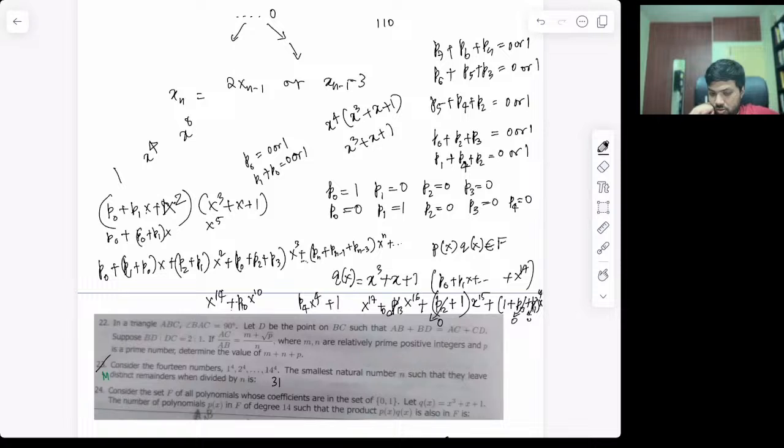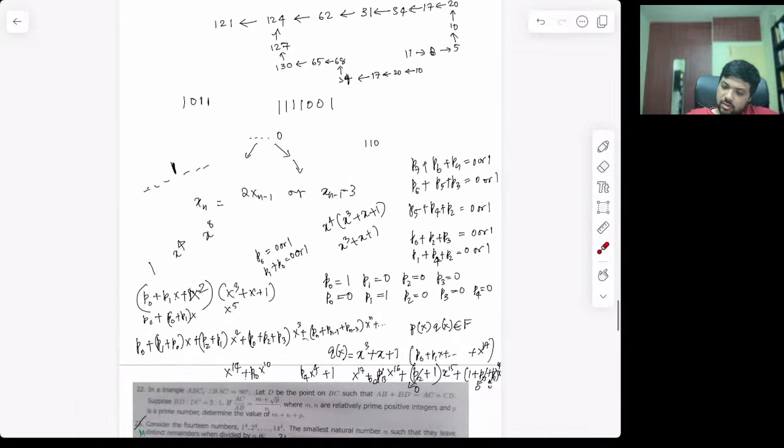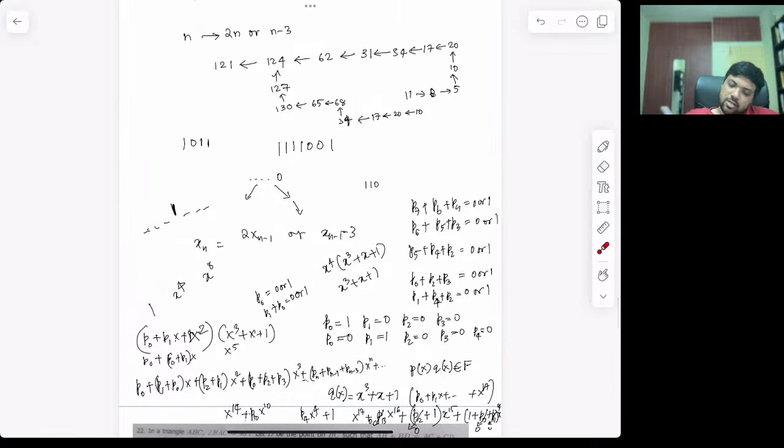So basically the moment you put 1 somewhere, the previous 3 and the next 3 get forced to be 0. That is the pattern in this problem. Okay. So now we should be able to count because we know exactly the pattern. So what is the constraint? So I think this is what we figured out.